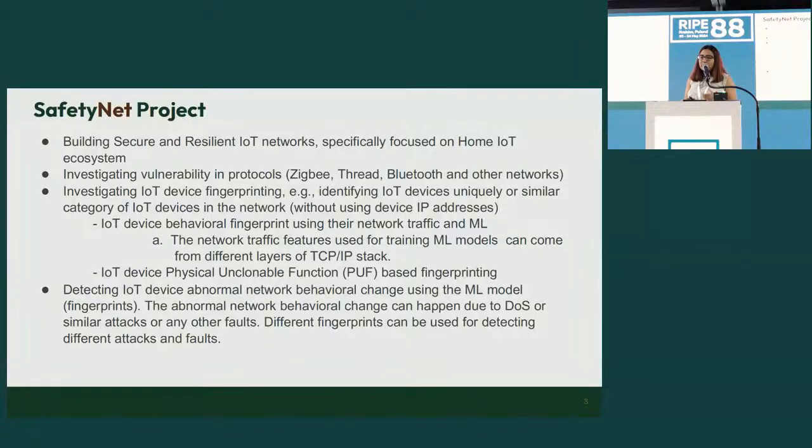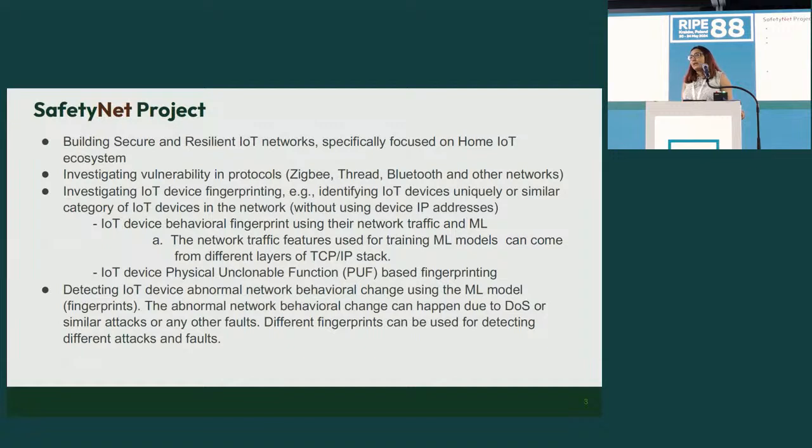Once this fingerprint is created, we can use it to detect abnormal network behavior of the device when a device is connected in the network. This abnormal behavior can be due to various reasons.